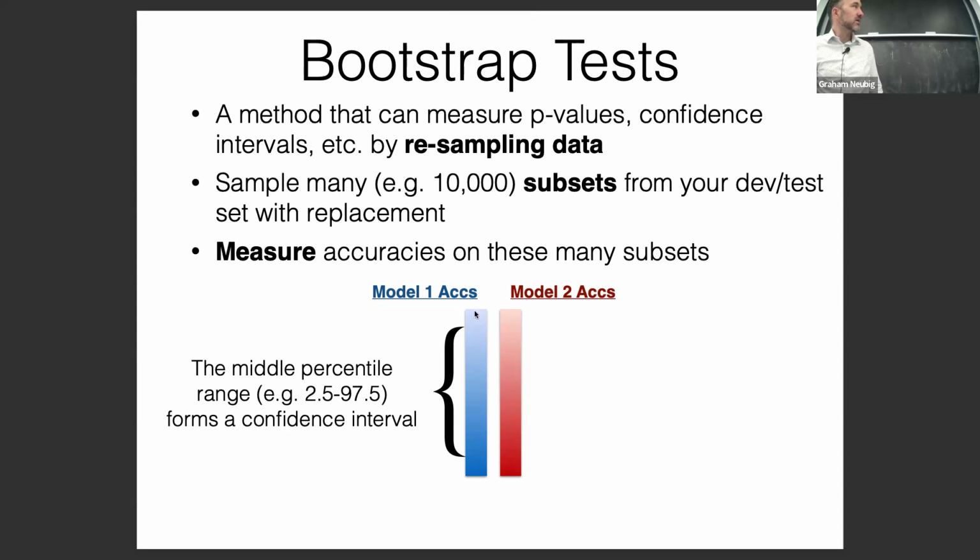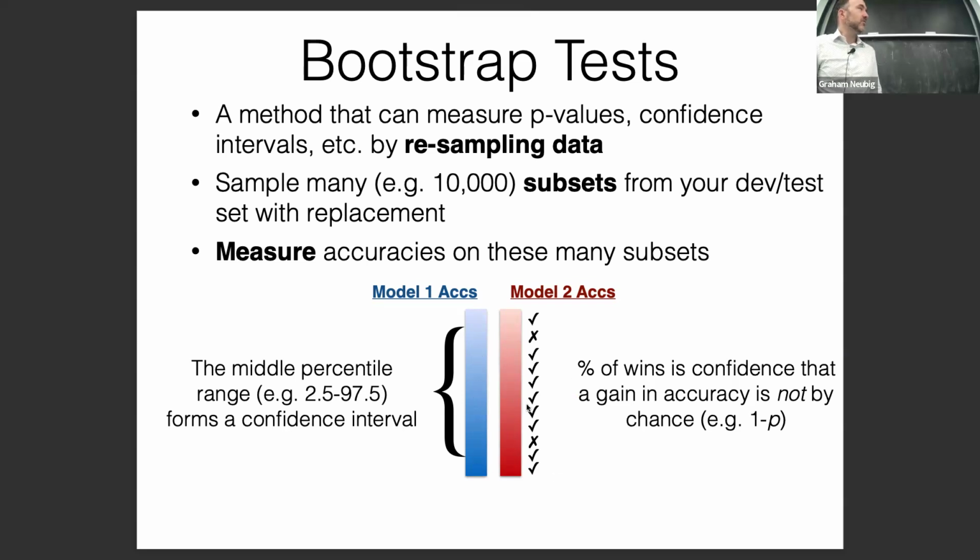Then you look at all of the accuracies that you got on these subsampled data sets, and you take the middle percentile range, like 2.5 to 97.5, and you can treat that as a 95% confidence interval, where you're about 95% certain that your results will fall.